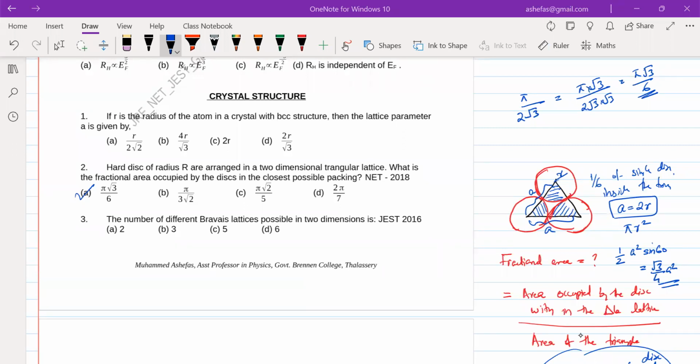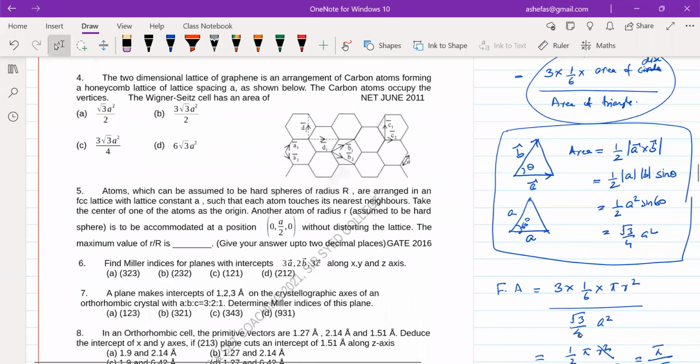So remember, question number 2 is based on a two-dimensional lattice. Actually, this question can be extended to a three-dimensional lattice as well. But in a three-dimensional lattice, instead of fractional area, the question would be about the fractional volume, or the packing fraction, or packing factor.